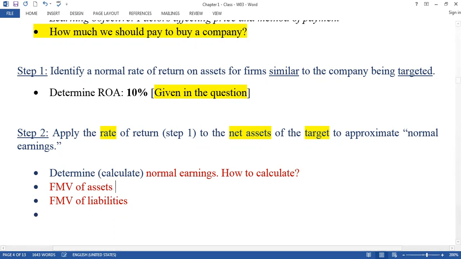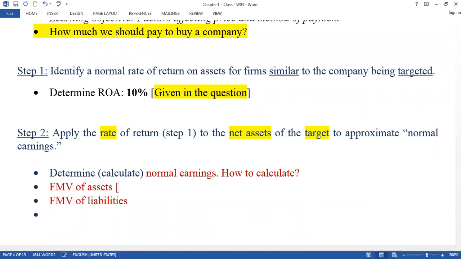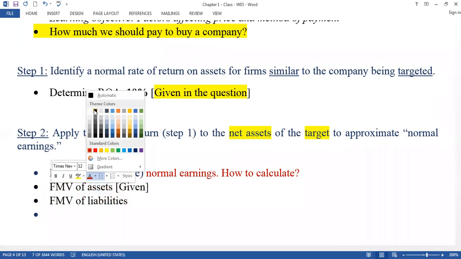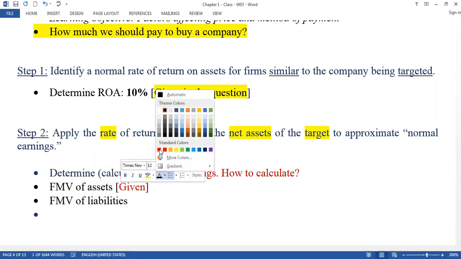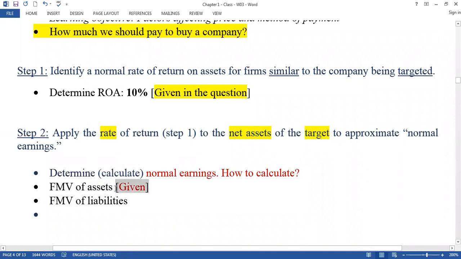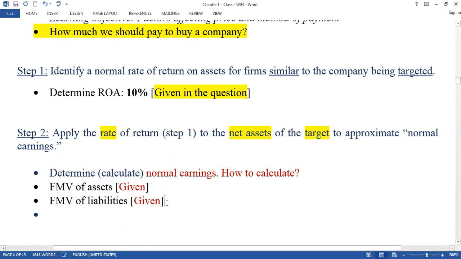Again, the question will give you this information. So in your question, the fair market value of assets is given, and the fair market value of liabilities is given.